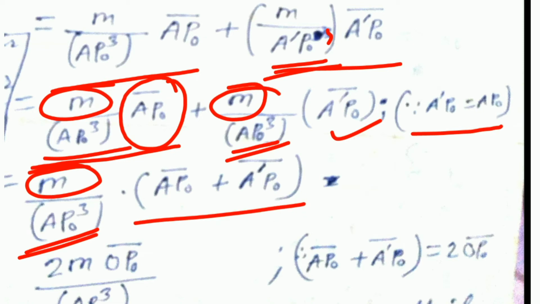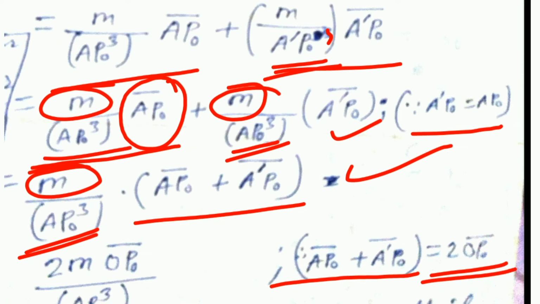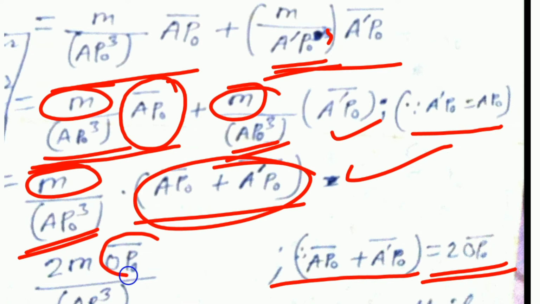So we have m upon AP0 cube into AP0 bar plus A dash P0 bar. We know that AP0 bar plus A dash P0 bar is 2 OP0 bar, so in place of this we can write 2 OP0 bar, and m as it is, AP0 cube as it is.